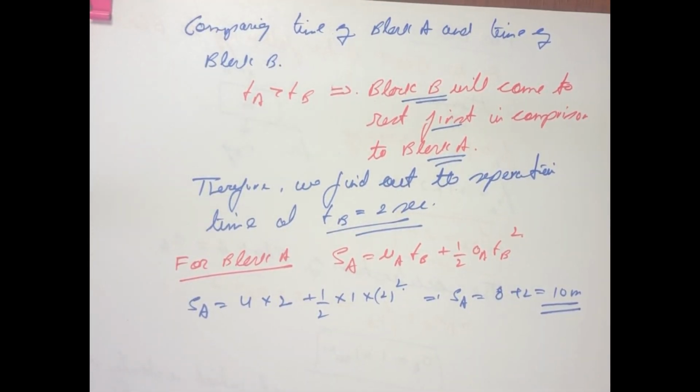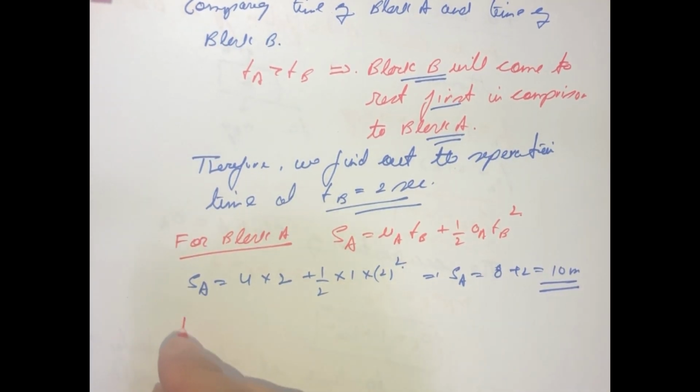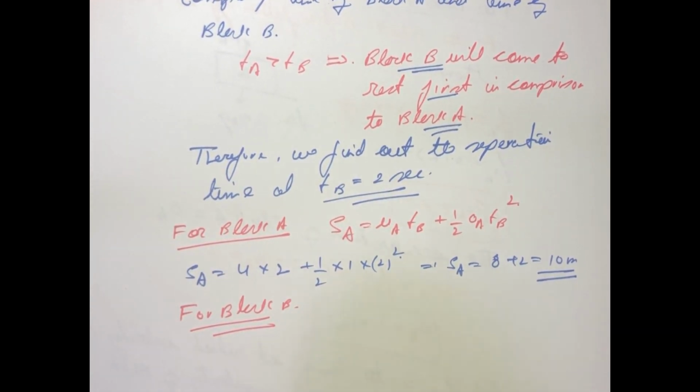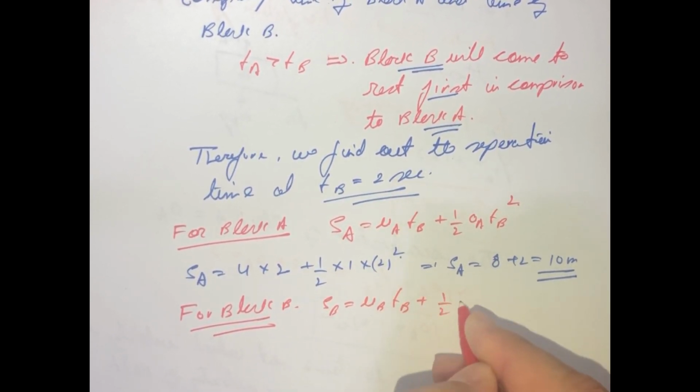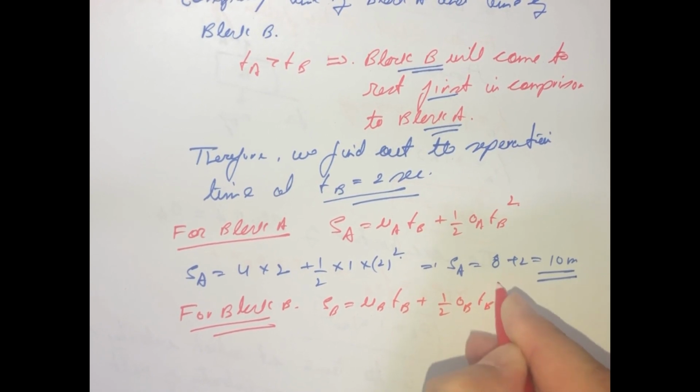Similarly for block B, SB is equal to UB TB plus half AB TB square.